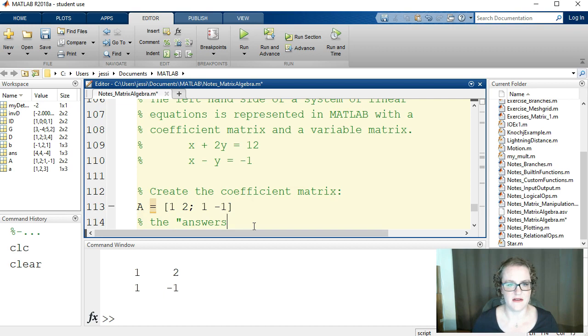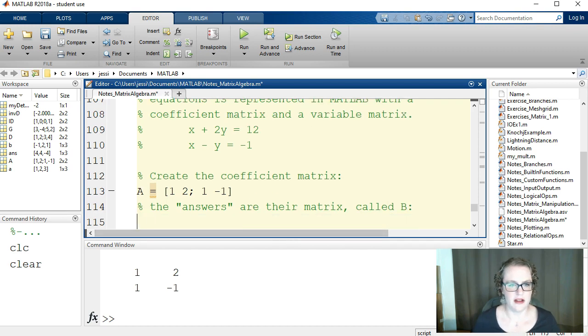And then we have the answers. The answers are their own matrix called B. And I'll create that. Notice it's going to be a column vector. So 12, semicolon, -1. So create it as a column vector.